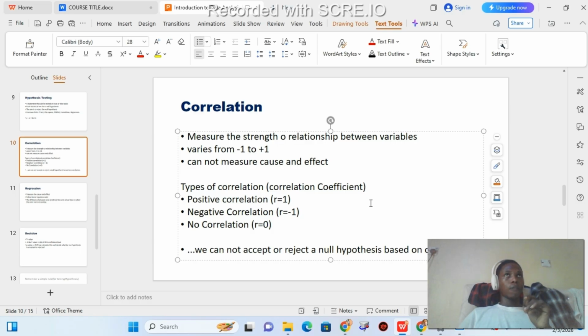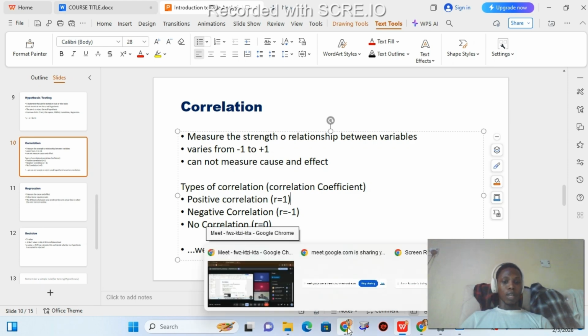Now, if you calculate correlation between two variables and you get a negative value, for example minus 0.5 or minus 0.67, it shows a negative correlation between the two. That is, one is affecting the other negatively.